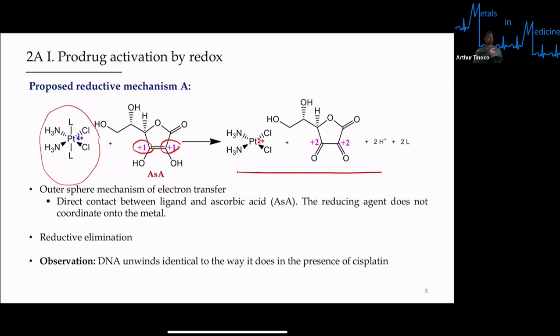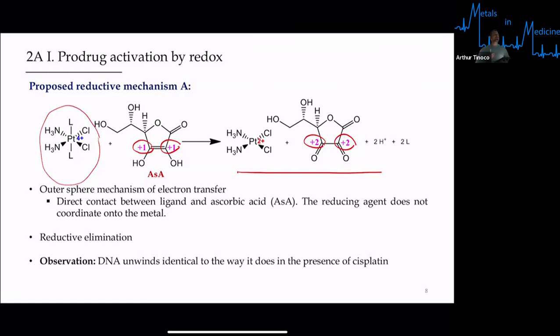Well, in ascorbic acid, both of these carbons have an oxidation state of +1. But in this process, a 2-electron reduction of the platinum is actually coming from these 2 carbons of ascorbic acid, and they're now transformed into +2 oxidation states. So those 2 electrons that are released would be taken by the platinum center.